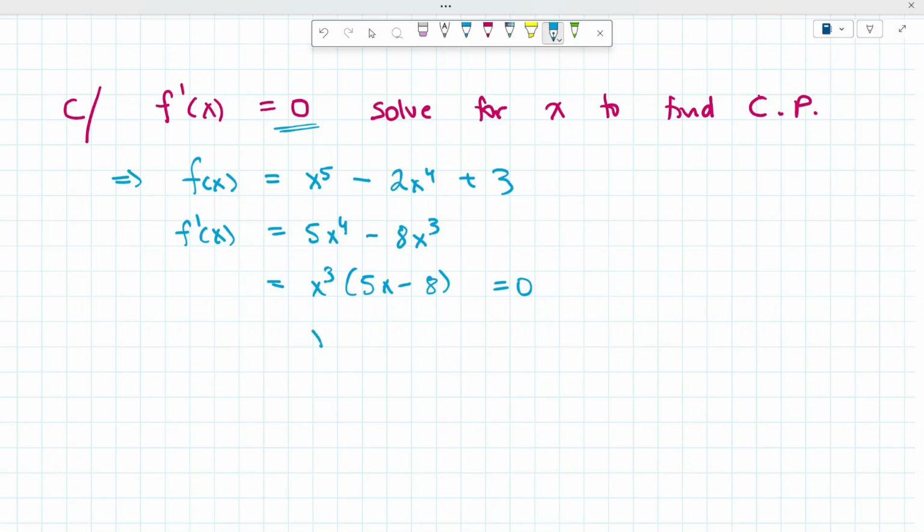So we've got x cubed equals 0 from this term, and from this term over here, we have 5x minus 8 equals 0. So that means that x equals 8 over 5. So we have two critical points over here.